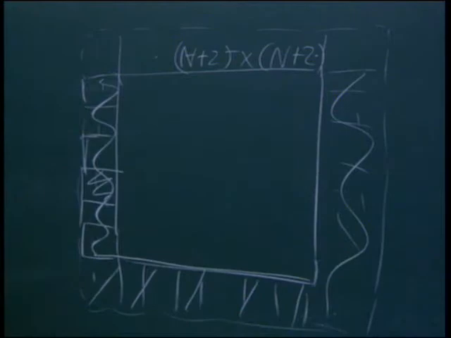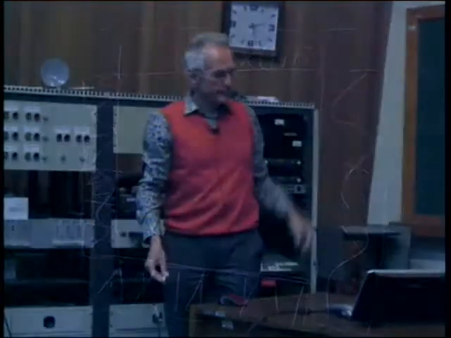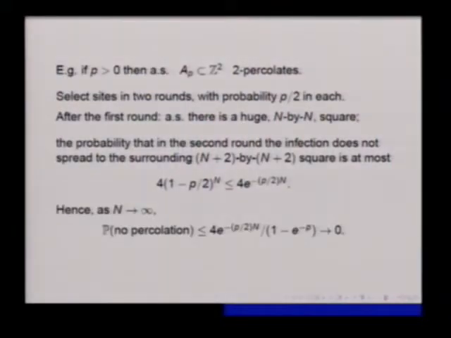What's the probability? Tiny. If n goes to infinity, then the whole lot, of course, goes to 0. So the probability of failing is as small as you like, provided you choose your initial square large enough.